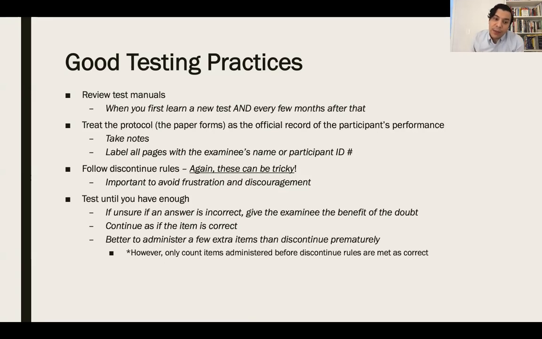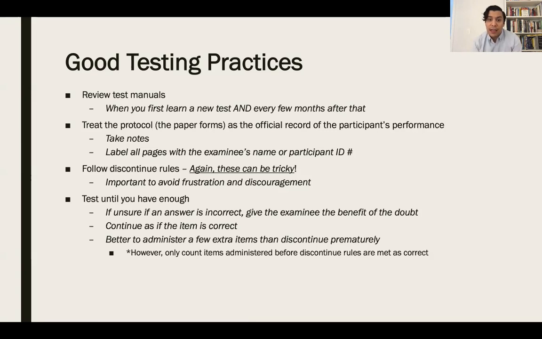It's also important that we test until we have enough. What I mean by that is not discontinuing prematurely. So I suggest if you're unsure if an answer is correct or whether it receives partial credit, to always give the examinee the benefit of the doubt. What I do is, if I'm unsure in the moment of whether a response receives no credit or partial credit, I will continue as if the item is correct, right?